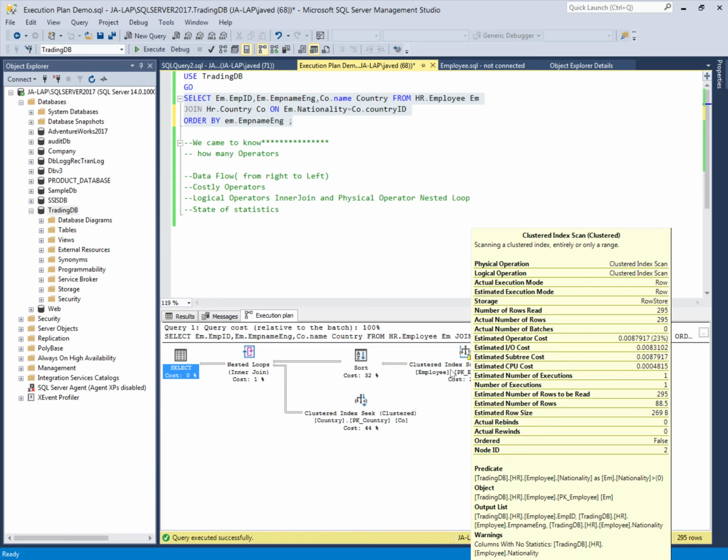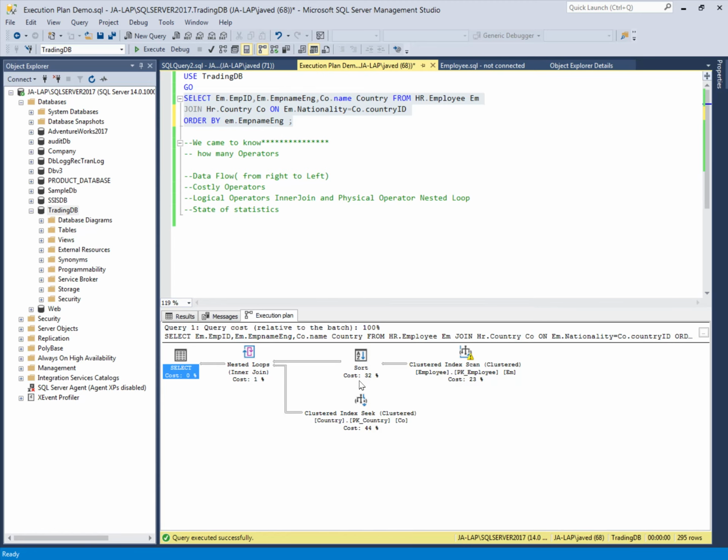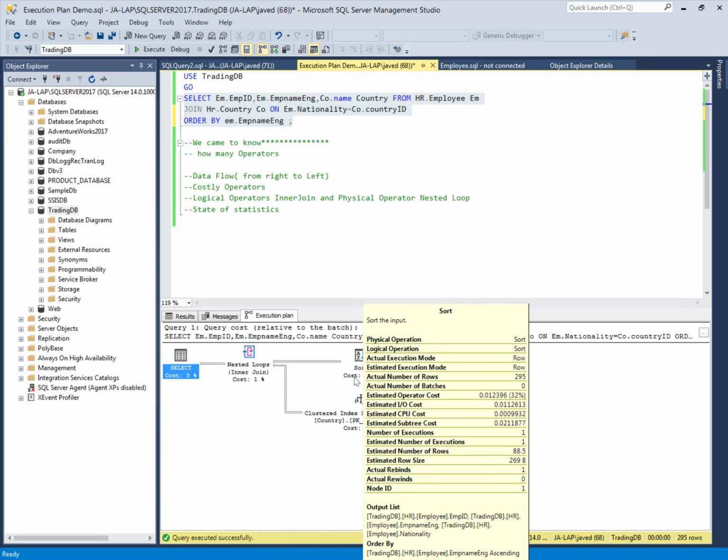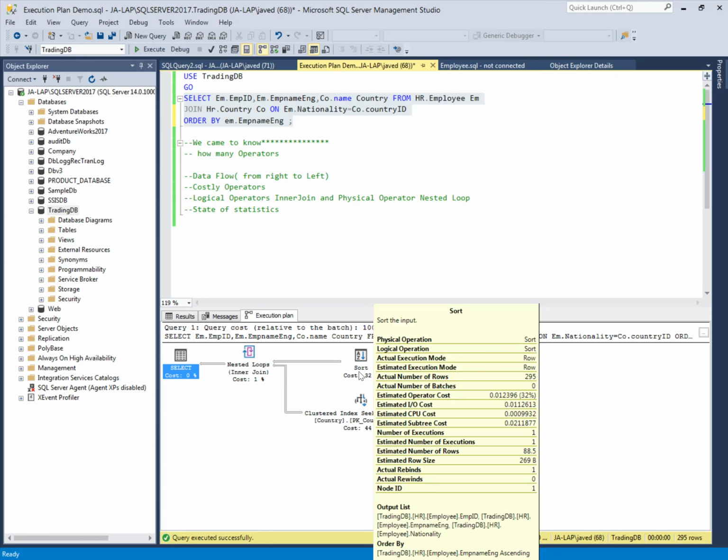Then this operator passes the values to the sort operator, which does the sort operation, the order by operation, and it's taking a cost of 32%. So sort is taking more cost, 32%. This is a somewhat costly operator, and we have to see why it is costly and rewrite the query to solve this cost problem.